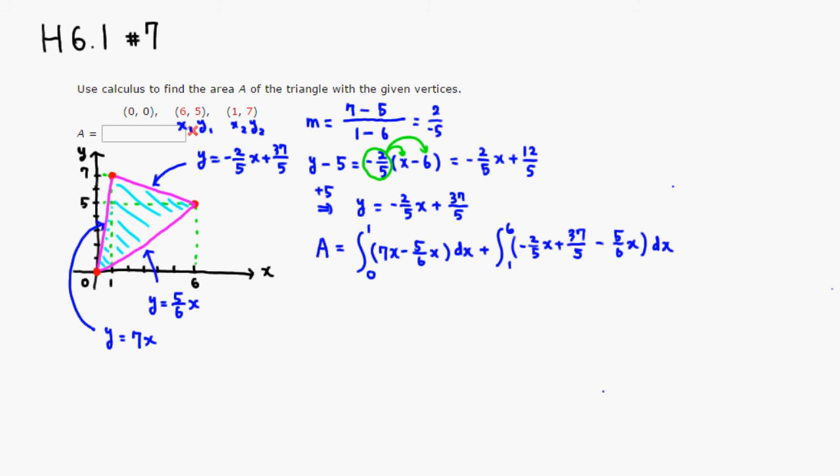Right, so let's do that. First thing is I'm going to try to simplify this. 7 is the same thing as 42 over 6. So 42 minus 5 would be 37 over 6 x. And here we can combine.